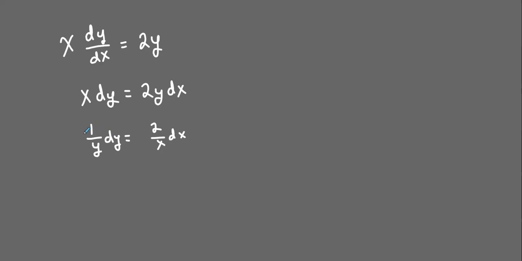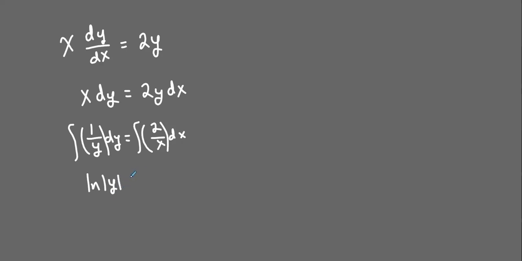Now we have an expression in just terms of y dy, and then on the other side, we have an expression just in terms of x times dx, and now we can take the antiderivative of both sides. So here, the antiderivative of 1 over y is going to be the natural log of absolute value of y.